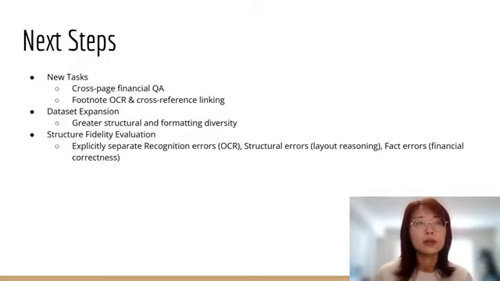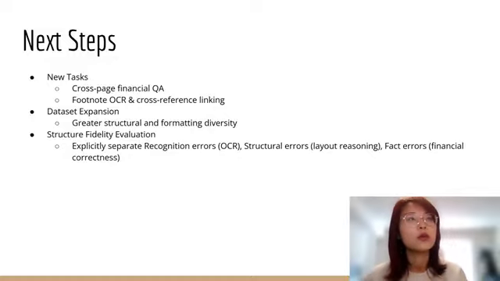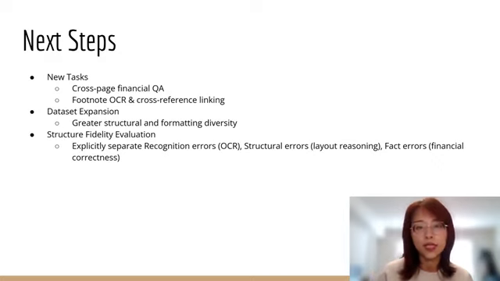And finally, last but not least, we want to add structural fidelity evaluation, because OCR is not only about the critical fields. It is also about how well the layout is preserved and how well the large language models recognize structural, layout, or reasoning errors.